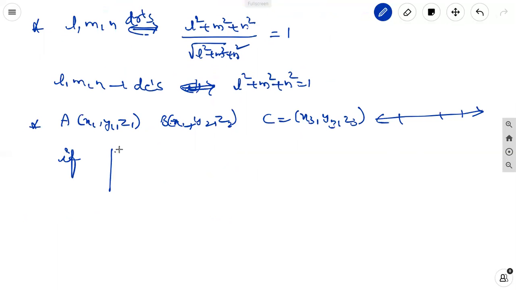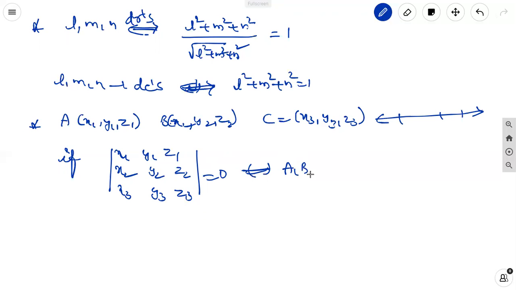If the determinant of x1, y1, z1, x2, y2, z2, x3, y3, z3 equals 0, then A, B, C are collinear. If the three points are on the same line, we say they are collinear. So if the determinant is 0, then the three points or three vectors are collinear.